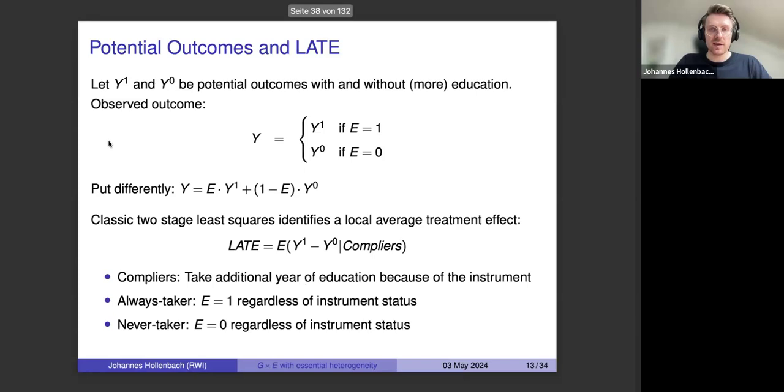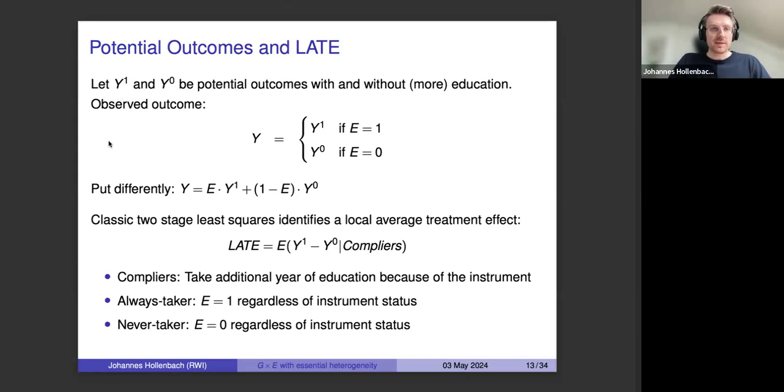We do have three different groups in our sample. First, the compliers. This is the individuals who take on the additional year of education because of the instrument, so because of the reform. You have always takers who always take on more education regardless of the instrument status, and never takers who never take on more education regardless of the instrument status.